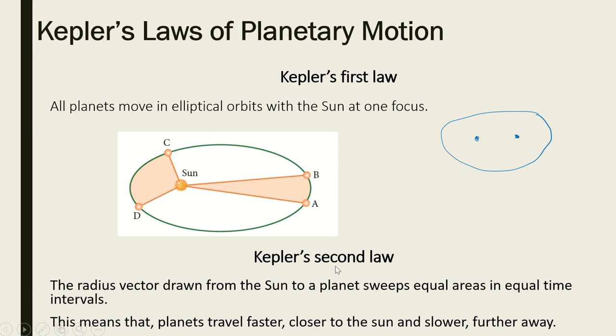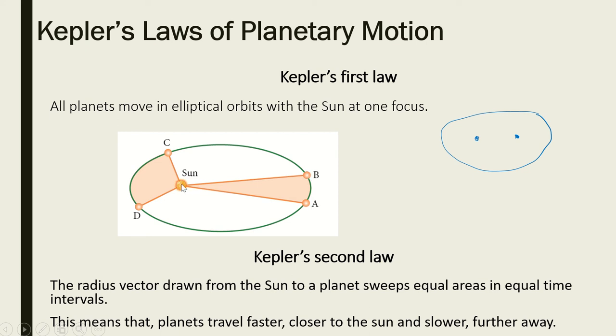Now, the second law is the following. The radius vector, so basically the line drawn from the Sun to a planet, sweeps out equal areas in equal amounts of time. So from C to D, that occurred, let's just say, over 3 months. And from B to A, that occurred over 3 months.